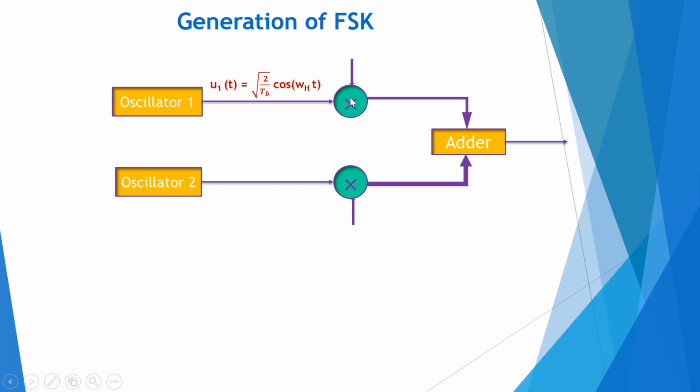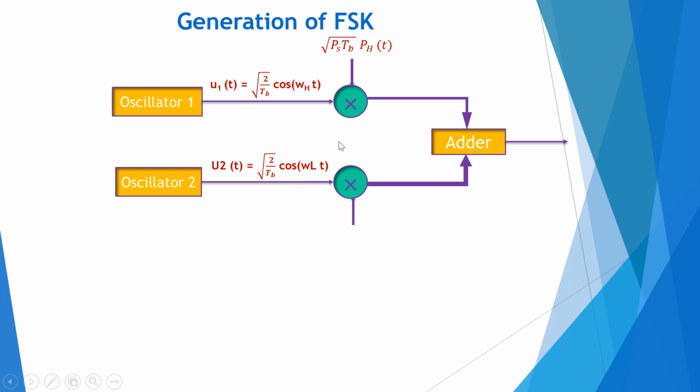Now we can observe oscillator 1 generating one of the carrier frequencies, u1(t), which is nothing but square root of 2 by TB times cos(ωH t). Similarly, the output of the second oscillator is u2(t), which is equal to square root of 2 by TB times cos(ωL t).